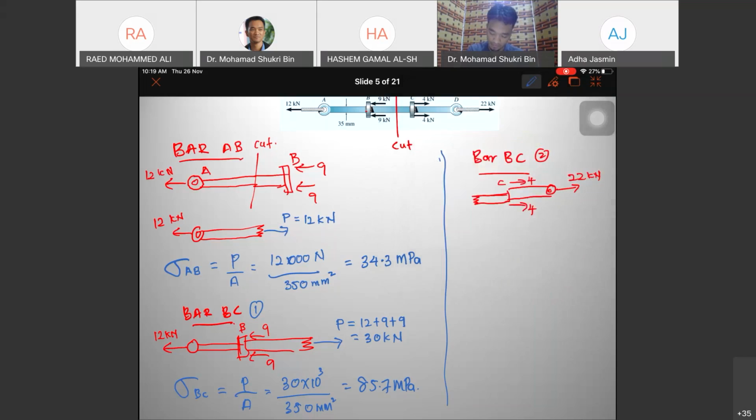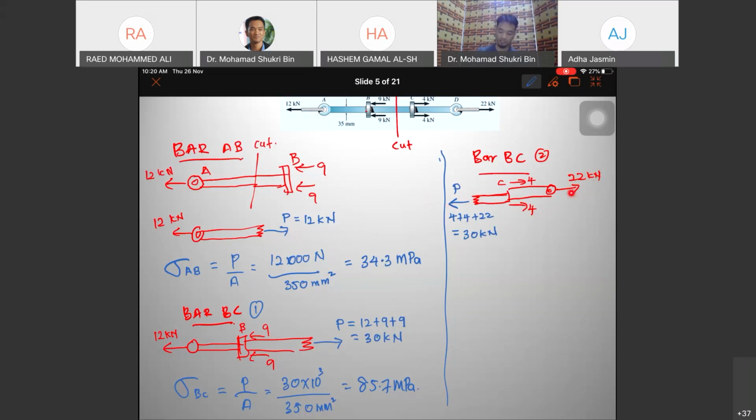So what is the internal force of P? P is basically 4 plus 4 plus 22. You should get the same answer, which is 30 kilonewton. So the direction, if C is in this way and C also in this way, 22 in this right direction, so P must be in left direction.